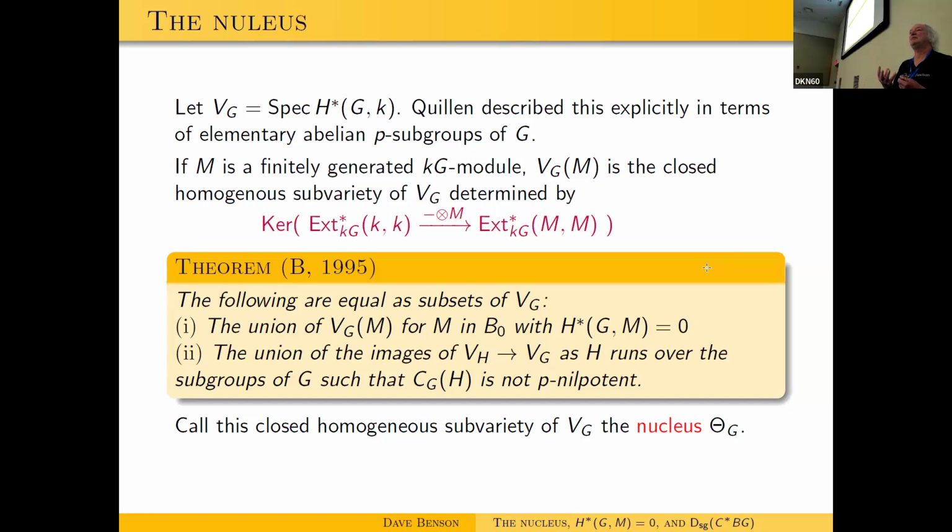So for an elementary abelian p-group, the spectrum of the cohomology ring is just an affine space of dimension equal to the rank of the group. And what you do is you just look at the normalizers of all the elementary abelian subgroups in G and fold up the affine space.